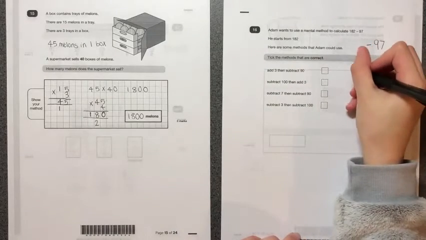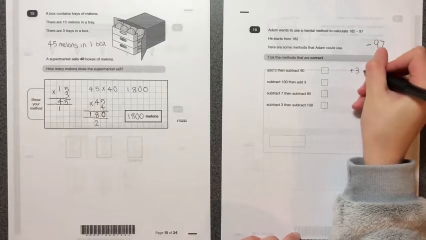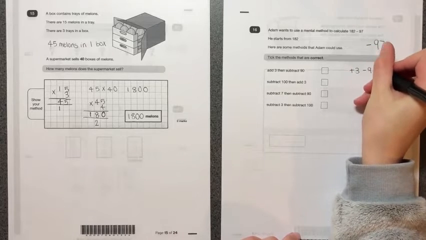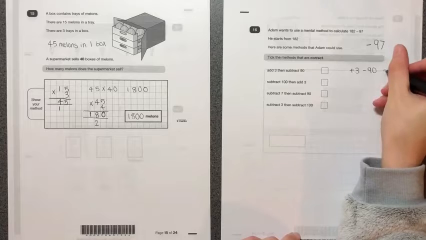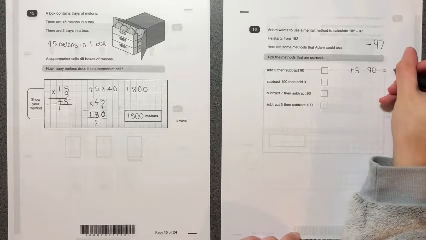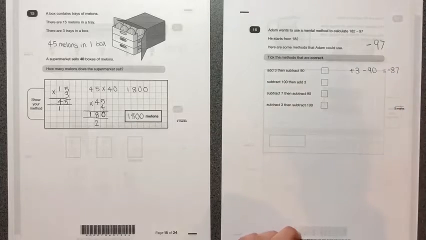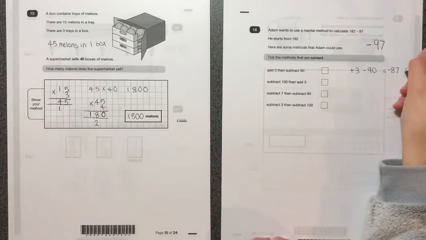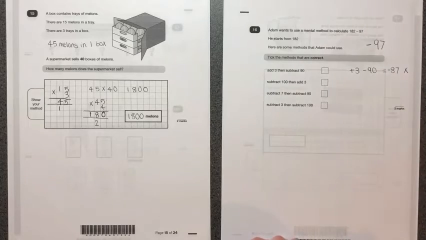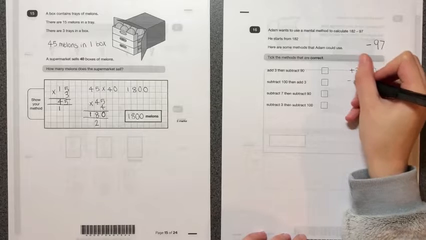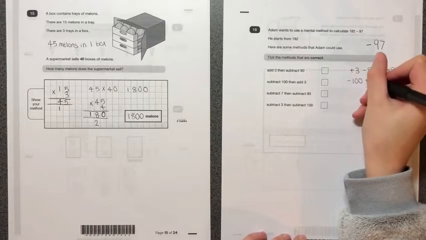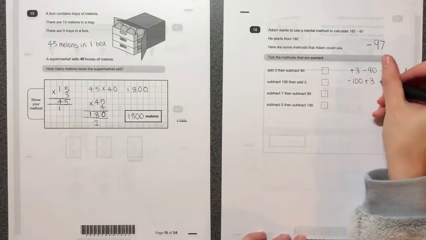If he adds 3 and subtracts 90, that would give us minus 87. That can't be right, because we need minus 97. Now the next one, he subtracts 100 and adds 3.